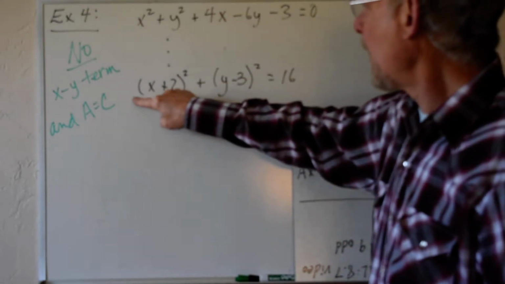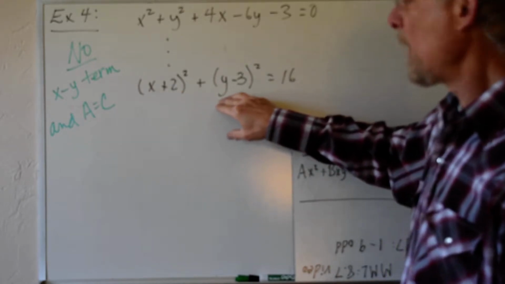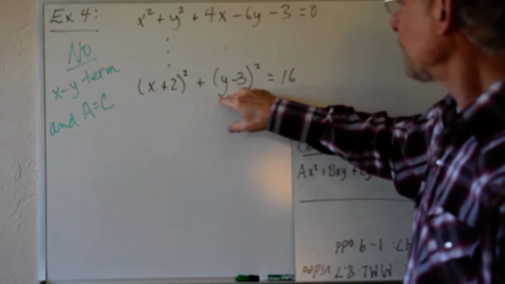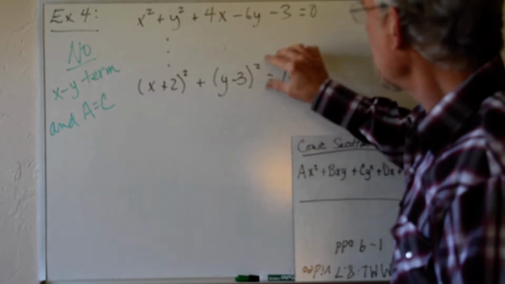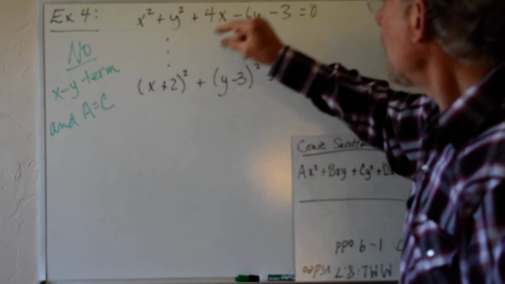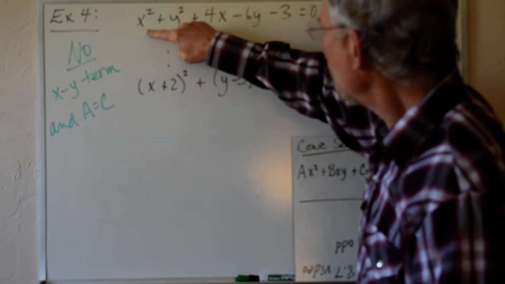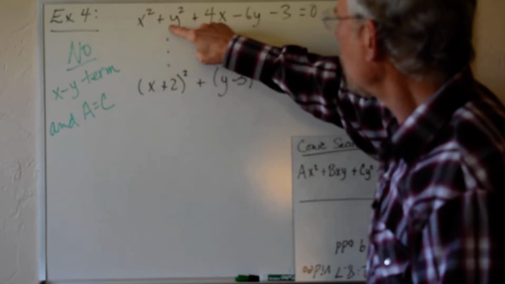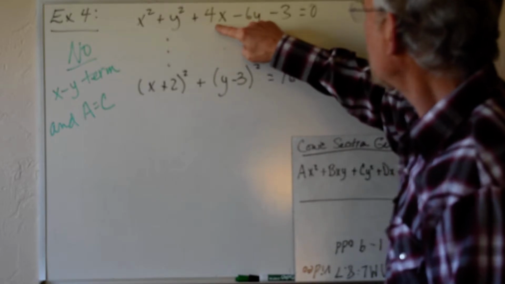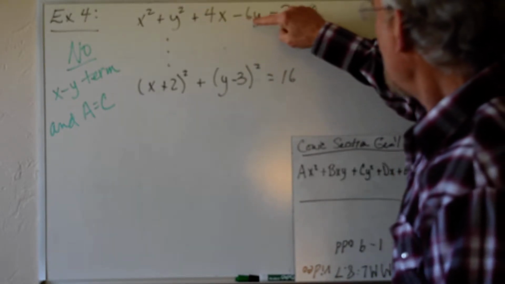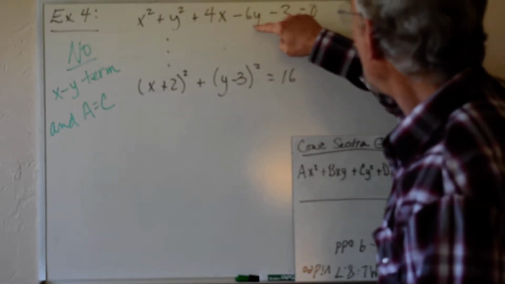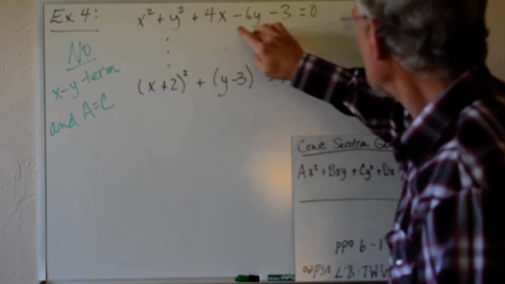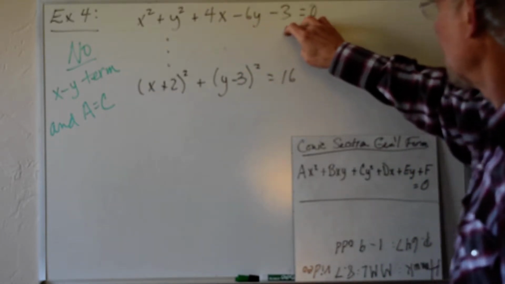If you have the equation of a circle and you multiply everything out in group-like terms, you're always going to end up with something of this form. An x squared term, a y squared term, an x term, and a y term possibly, and then a constant.